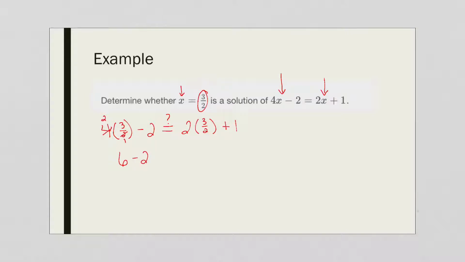So I'm left with 6 minus 2. Does that equal, the 2's cancel, 3 plus 1. 6 minus 2 is 4. 3 plus 1 is 4. That is a true statement. 4 does equal 4. So I would say, yes, it is a solution.